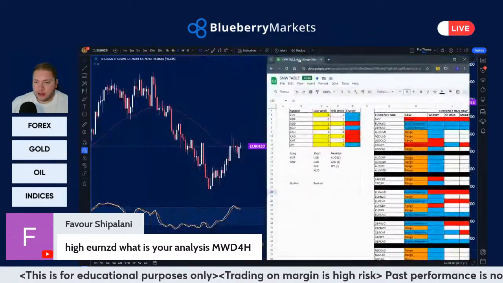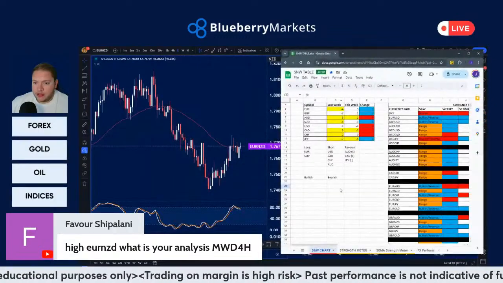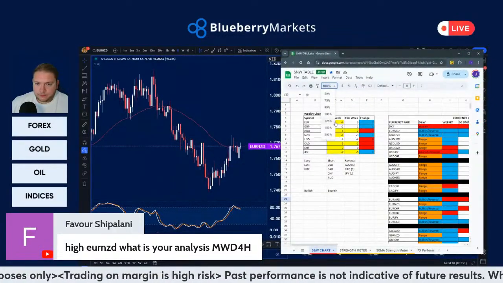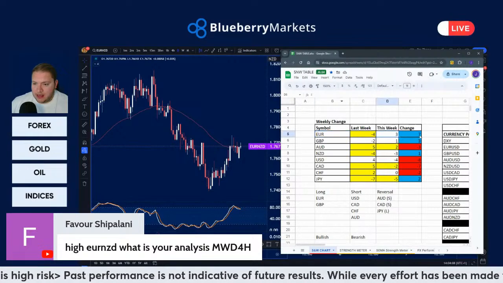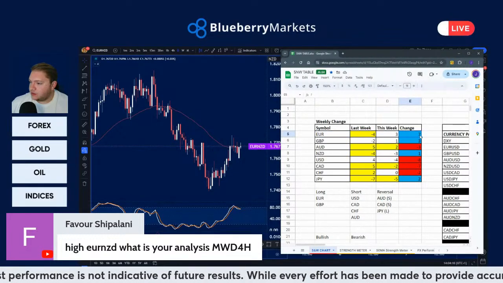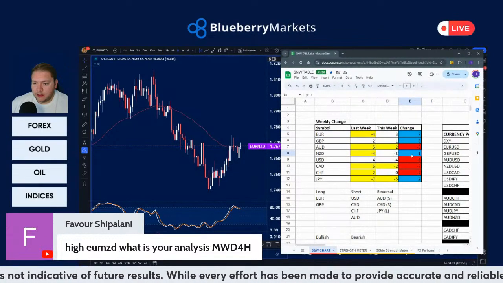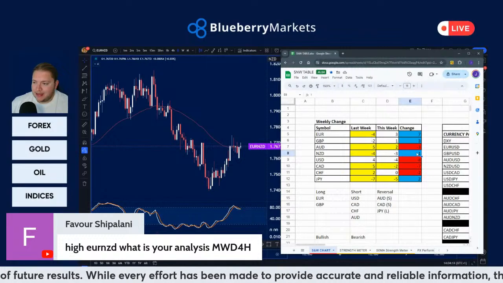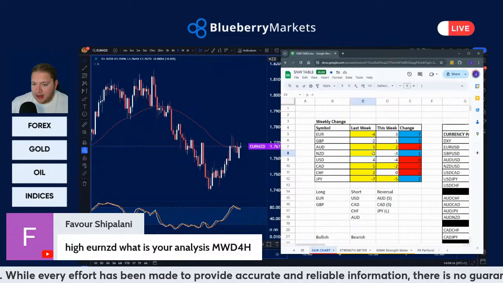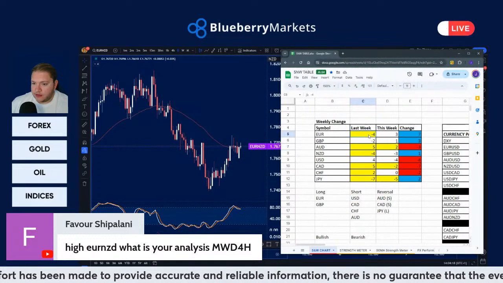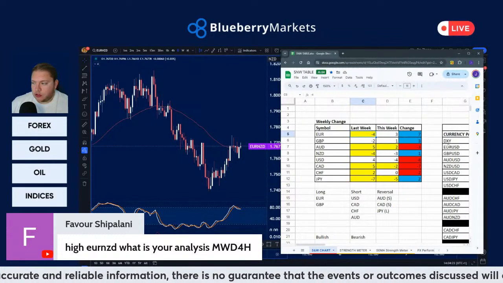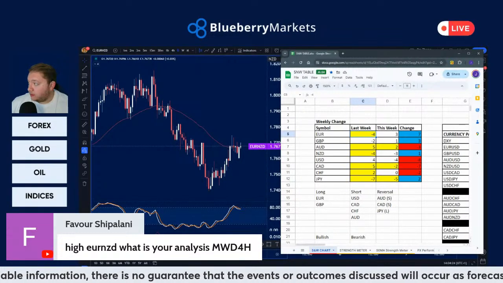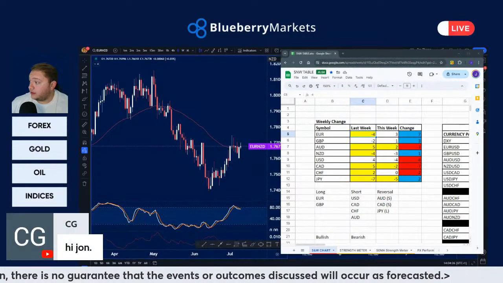So if we just bring on the strength and weakness analysis here, what we're looking at is a euro that has gained quite significantly last week, and we've got a Kiwi which is also gaining a little bit from an area of reversal, same as the euro as well. So Euro Kiwi could be a little bit range bound this week, but we'll take a look at it and have a little look at the details.